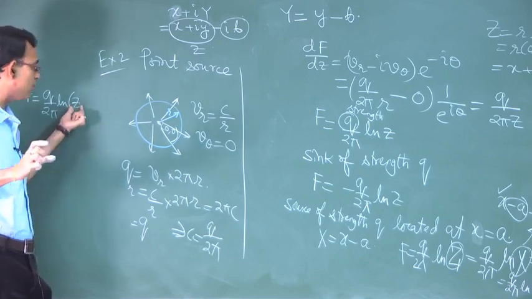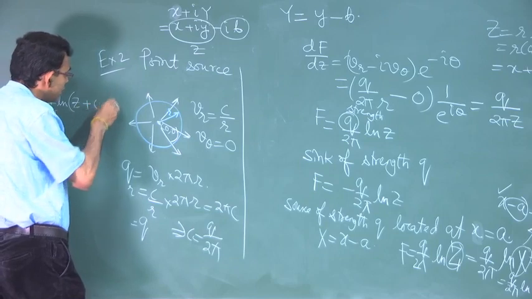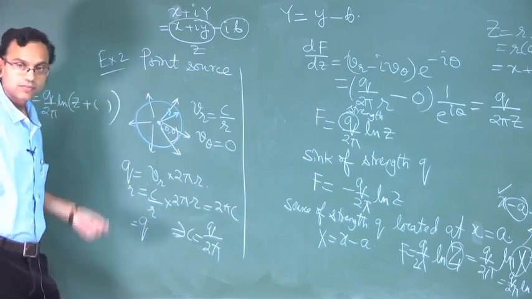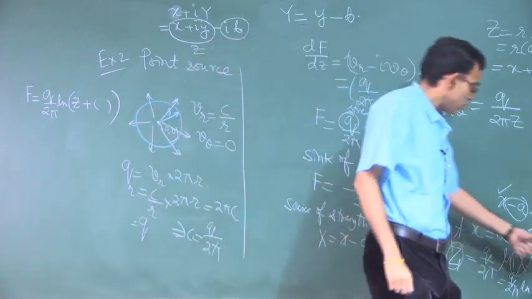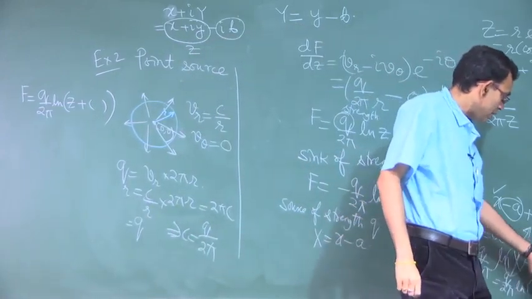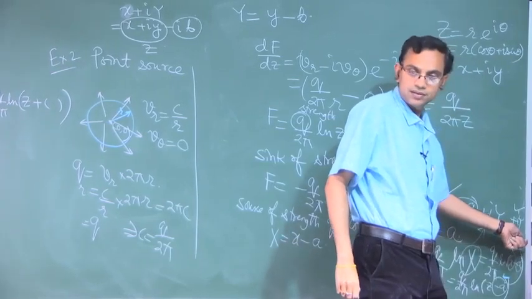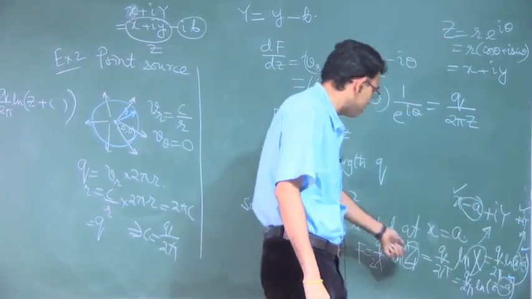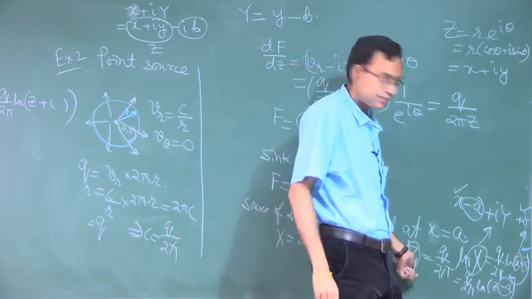So, both x and y will be there, plus it will be a shift, right. So, here q by 2 pi ln not just x, x plus iy, that needs to be carefully brought in because z is by definition not just x, it is x plus iy. Okay.